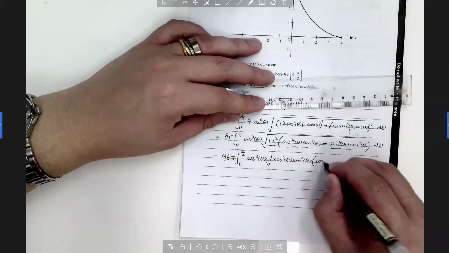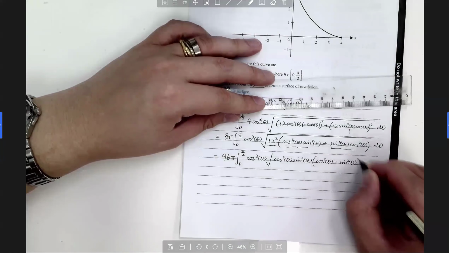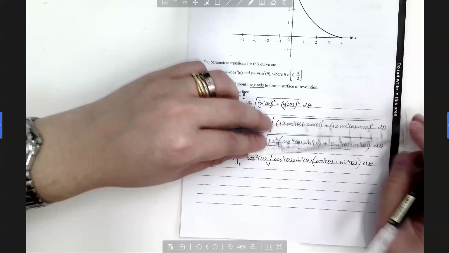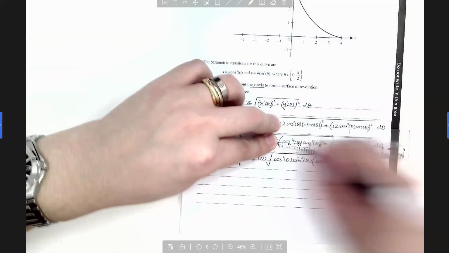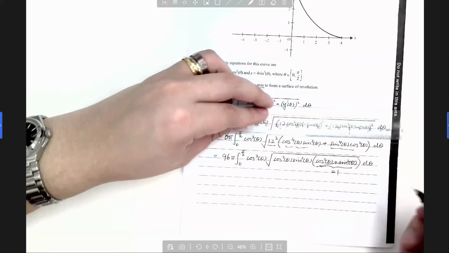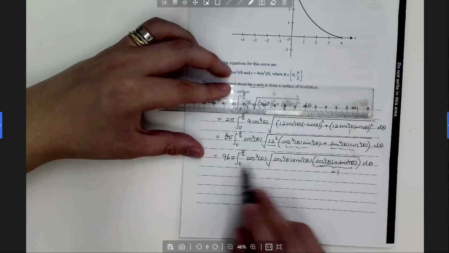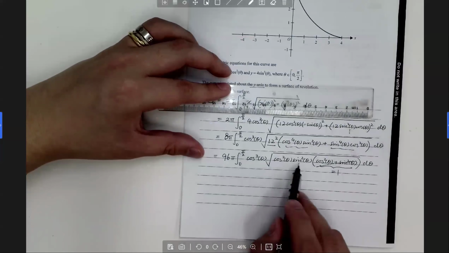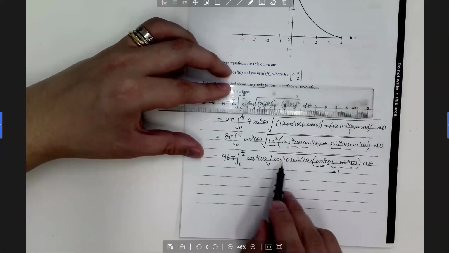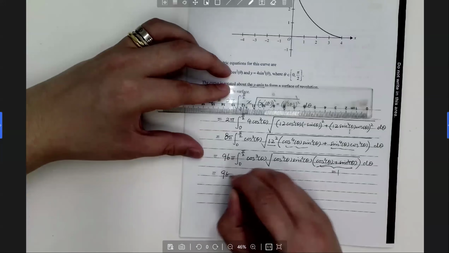Then you just get cosine squared theta plus sine squared theta, d theta. And eventually, cos squared plus sine squared is 1. So you can knock that out. And then the domain is 0 to half pi, which is the first quadrant, so both sine and cosine have to be positive.